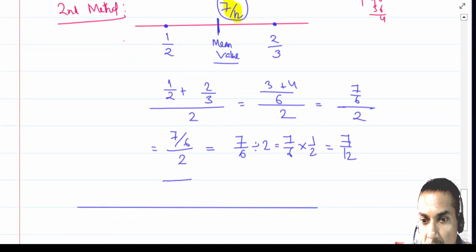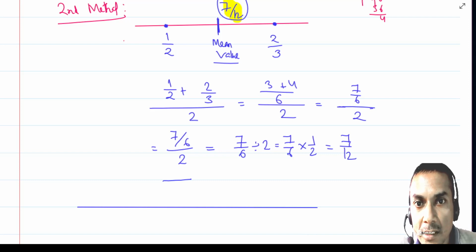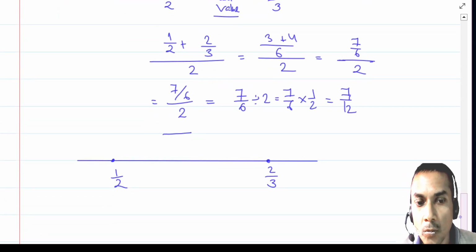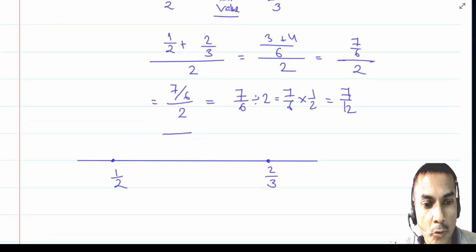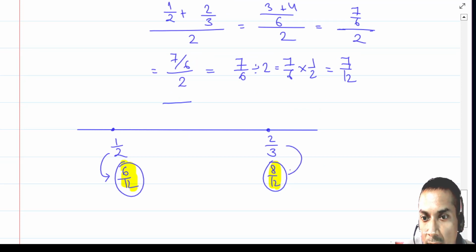Hope it is clear. Now we discuss if the two numbers given are 1/2 and 2/3, and it asks for more rational numbers. We easily find the equivalent fraction of 1/2, that is 6/12, and 2/3 is 8/12.